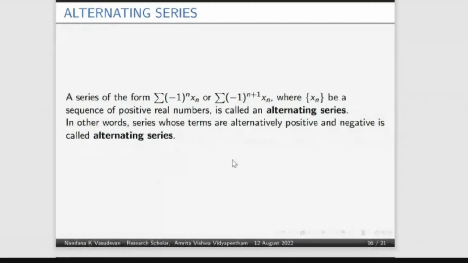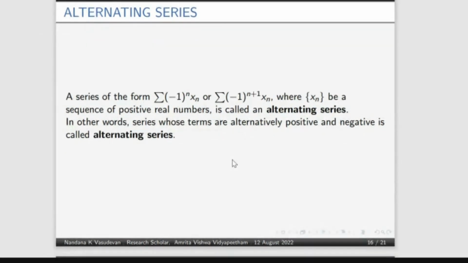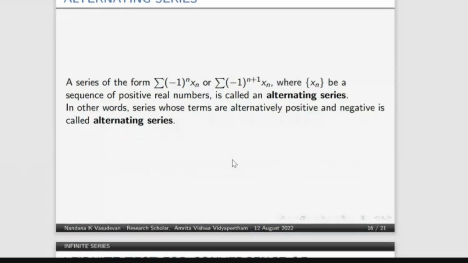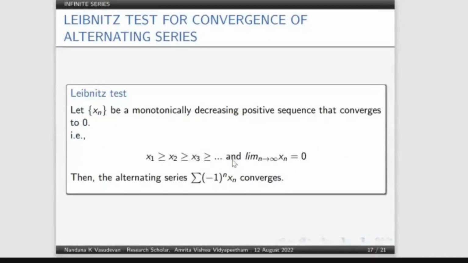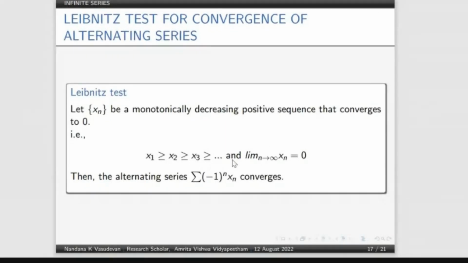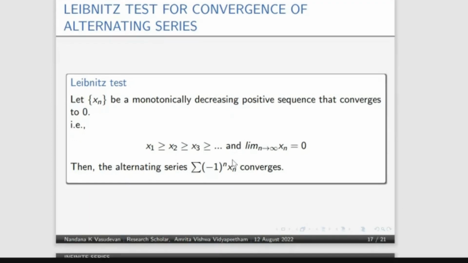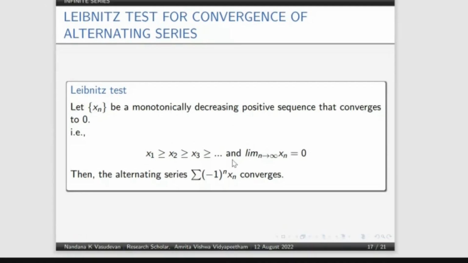Again, we are concerned about the convergence of this series, so we are going to talk about convergence of alternating series. The most important test that we use is called the Leibniz test. It has very strict conditions. Let x_n be a monotonically decreasing positive sequence that converges to 0.